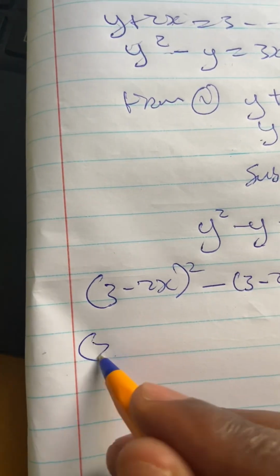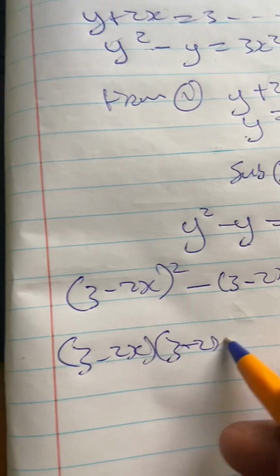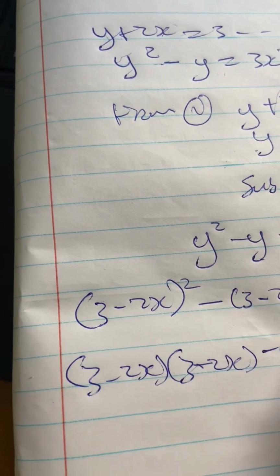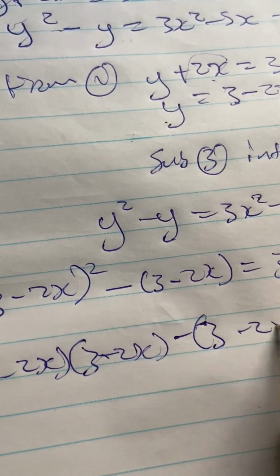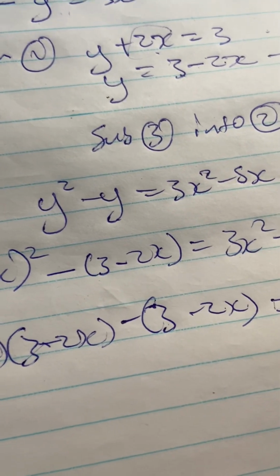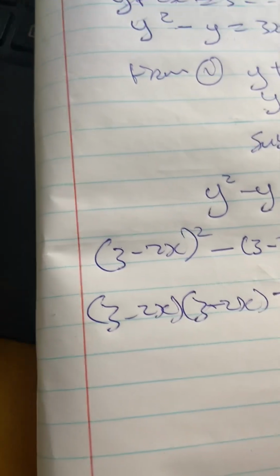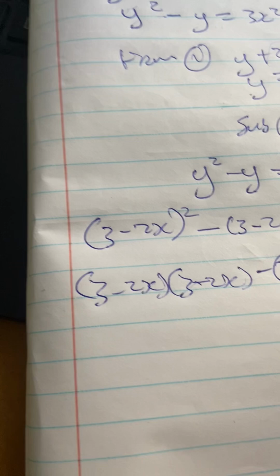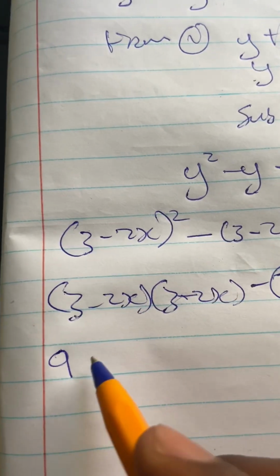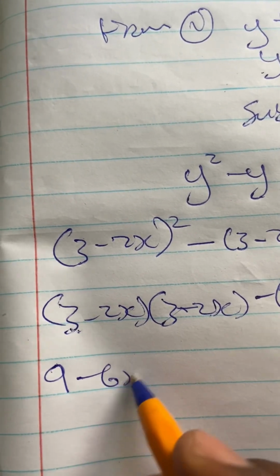So here we're going to write it like this. Here we are removing the bracket. 3 times 3 is going to be 9. 3 times negative 2x is going to be negative 6x.